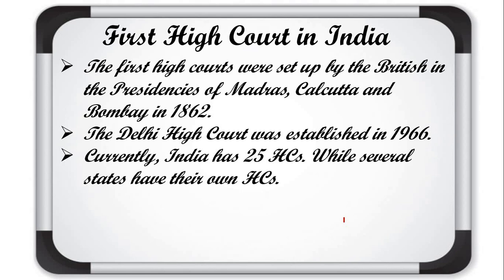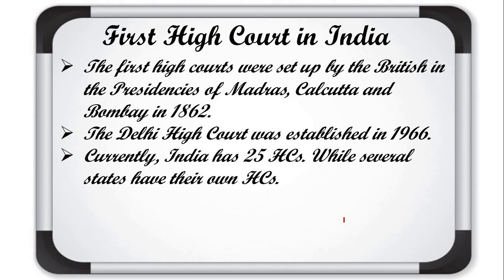So students, the first High Courts were set up in the 3 presidencies. We have studied in our history chapter that the British divided India into 3 main presidencies: Bombay, Madras and Calcutta. The first High Courts were set up in all these 3 presidencies in 1862.